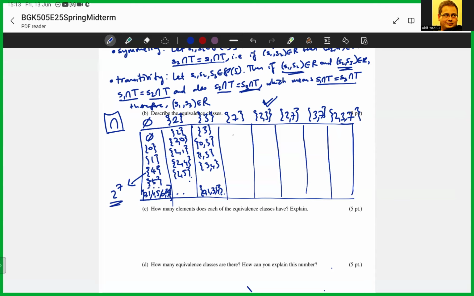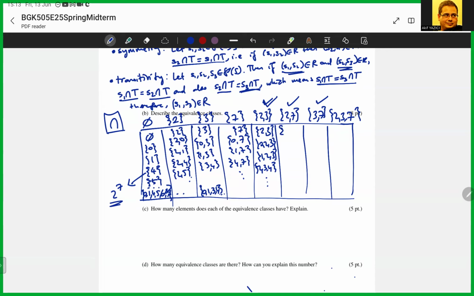Okay, and then here you will have like 7, 0, 7, 1, 7, 2, 7 you have to skip because it will appear elsewhere. 3, 7 you have to skip, it will appear elsewhere. So then 4, 7, and it goes on. Okay, and then here you will have 2, 3, 0, 2, 3, 1, 2, 3, 2, 3, 4, dot, dot, dot.